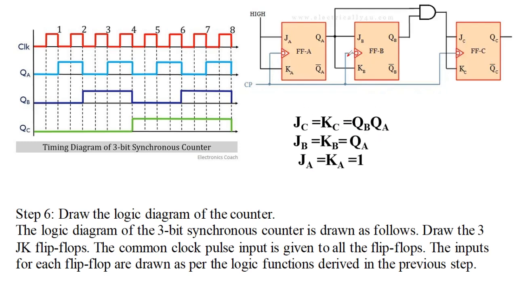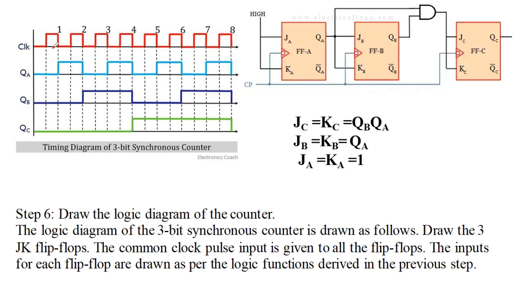Since you have JK flip-flops, the clock pulse is taken as common, and then JA, KA is high, JB, KB is connected with the previous state QA, and JC is connected with the present states of QA and QB ANDed using one AND gate, and the AND gate output is connected as JC. So now it can function like an up counter by giving the clock pulses. How it counts, we are going to verify now.